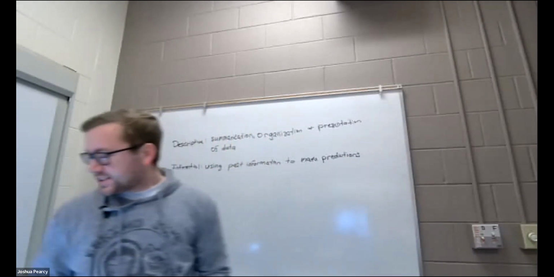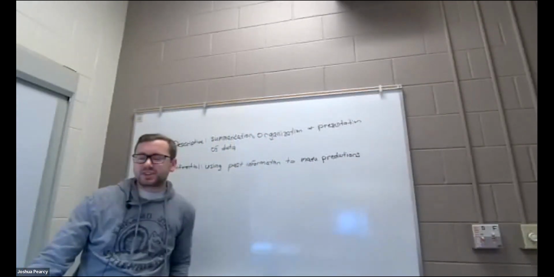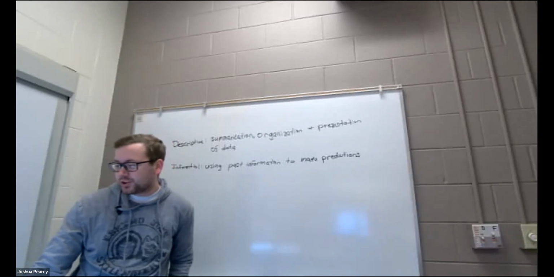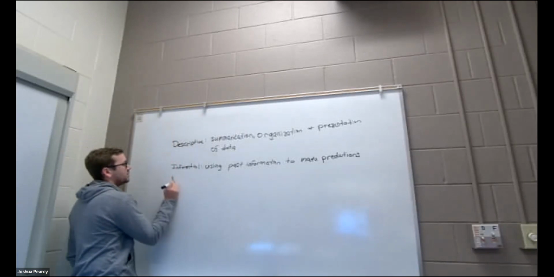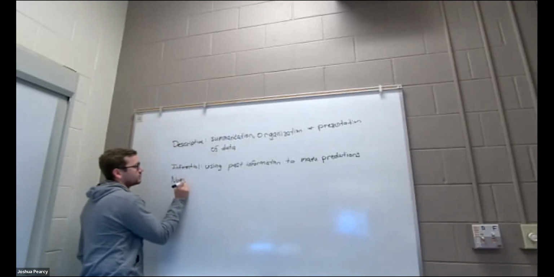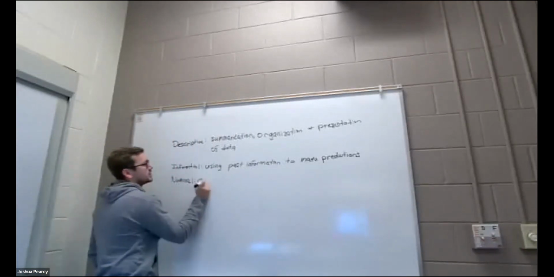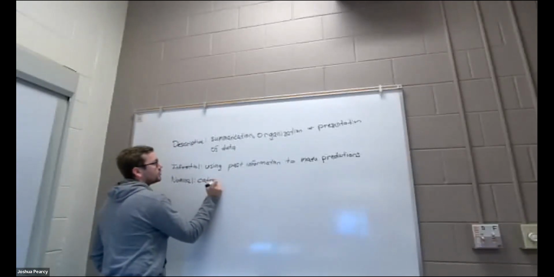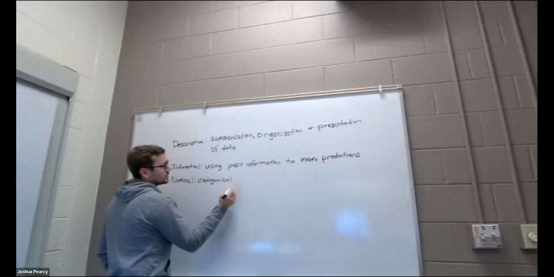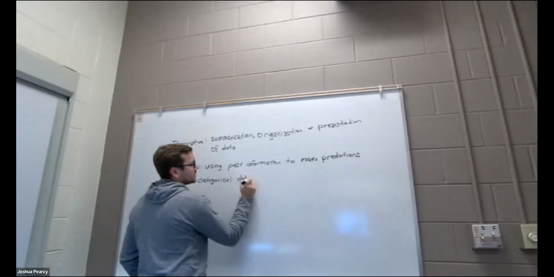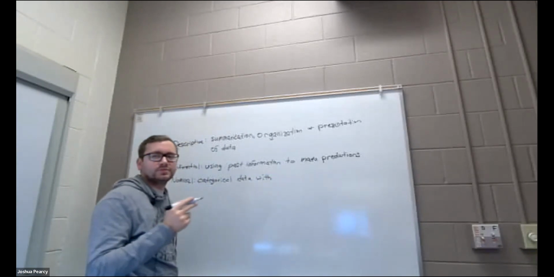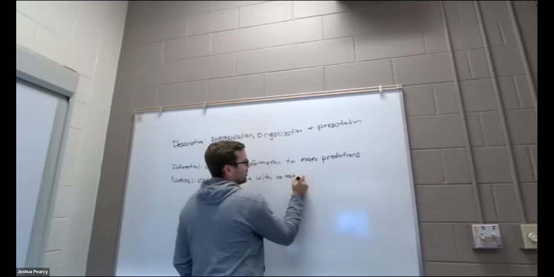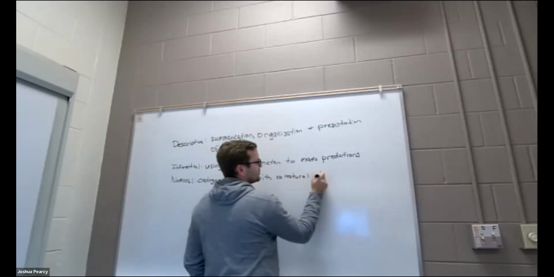Okay. Then we moved on to the 4 levels of measurement that we classified stuff based on: nominal, ordinal, interval, and ratio. Nominal, anyone remember what that was? It was categorical data with no natural ordering.